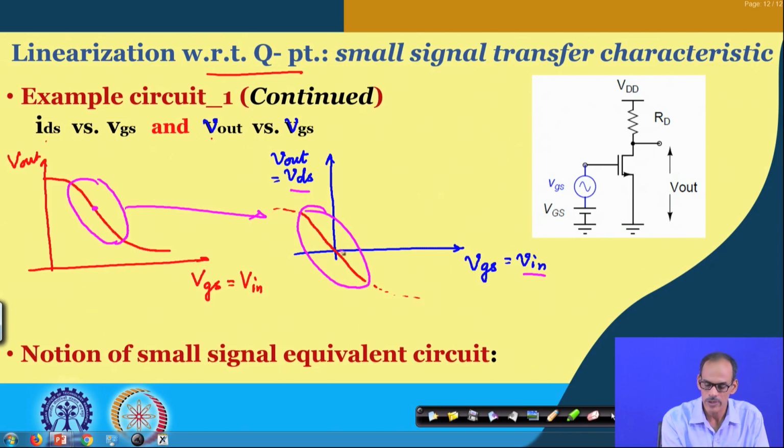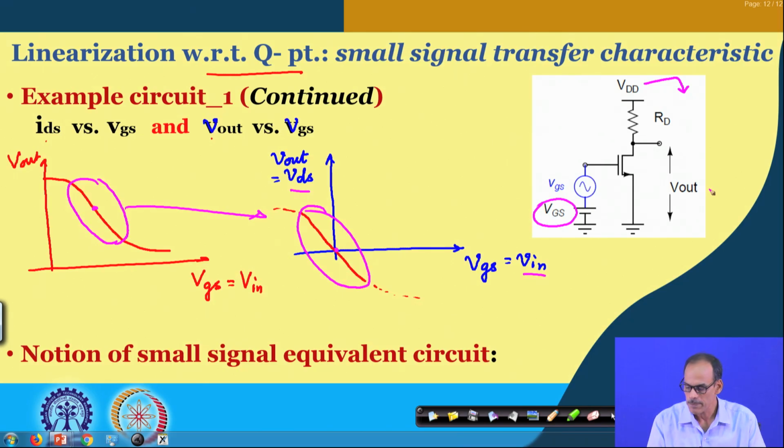Basically, this is the Q point or quiescent point. That part, if you map it here, is equivalent to saying that if we drop this DC part and also the corresponding DC part here, capital V out, then that gives us the equivalent small signal transfer characteristic curve.